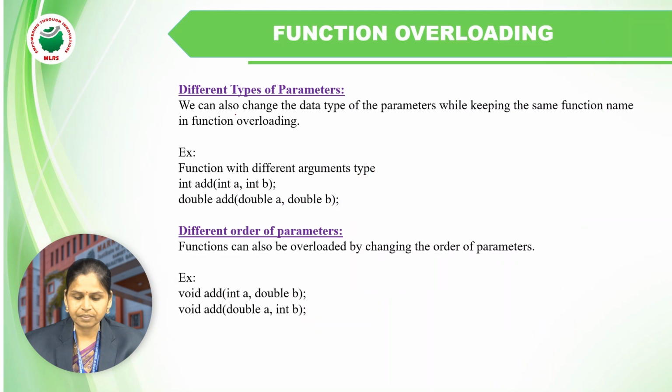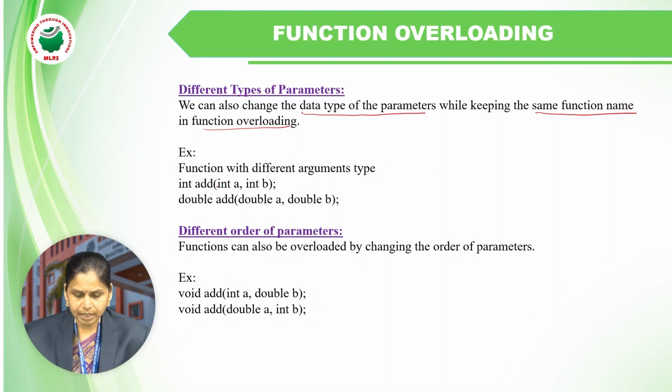Next, the second one is different types of parameters. We can also change the data type of the parameters while keeping the same function name in function overloading. Now, let us see the example. Here, the function name is add.